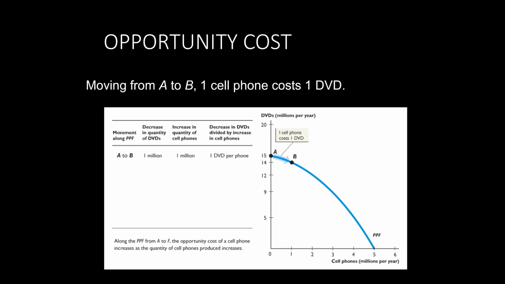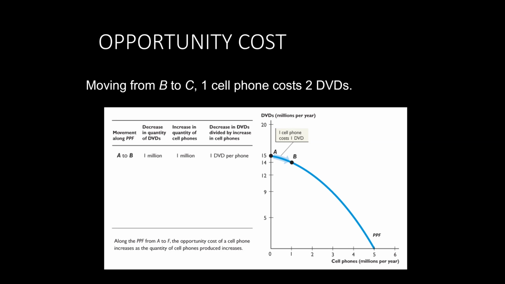The production of DVDs dropped from 15 million to 14 million. This shows a decrease of 1 million DVDs and an increase in cell phones of 1 million. So there is an opportunity cost of one DVD per cell phone.